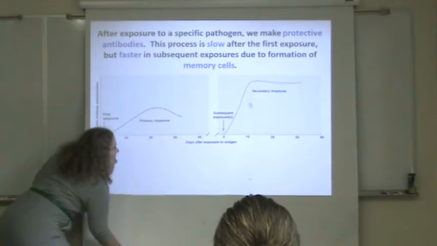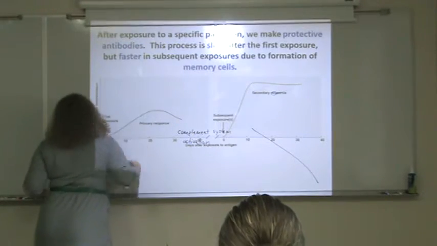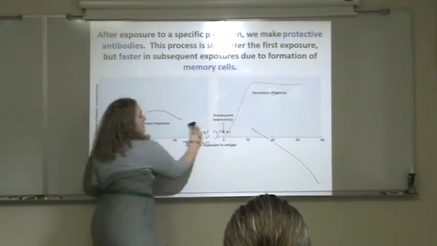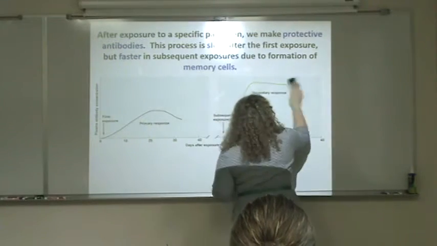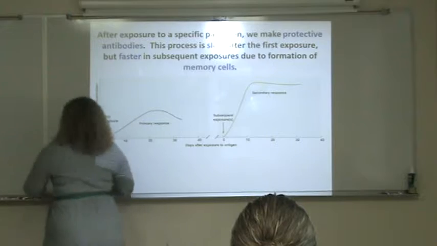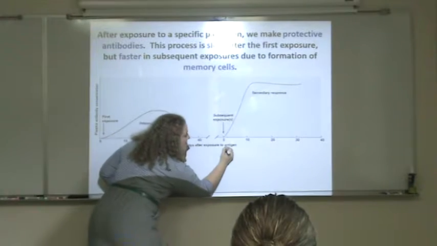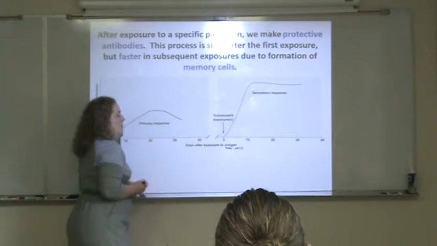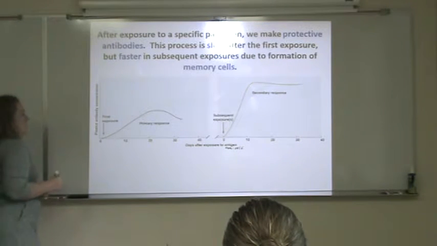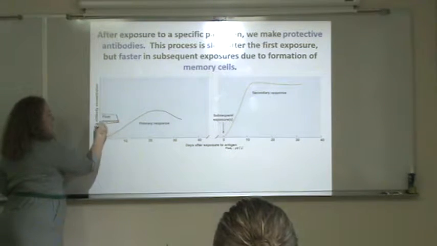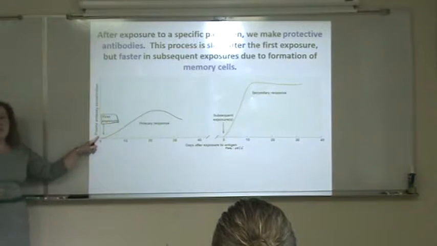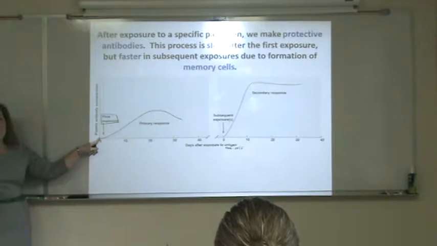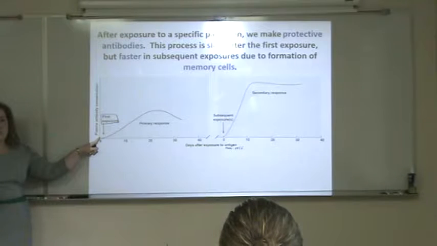Let's write that on. I'm going to write all over this. Okay. So this is a non-self foreign antigen. This arrow here represents the first time I ever came in contact with that foreign particle, my first exposure.